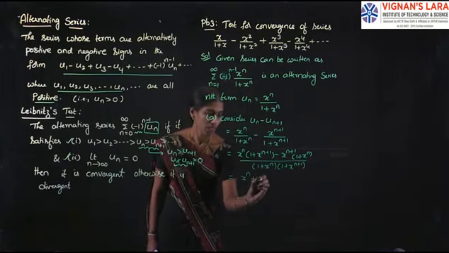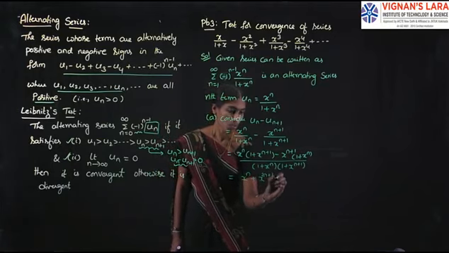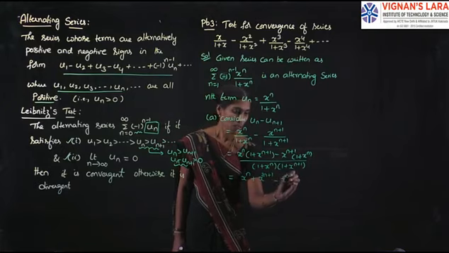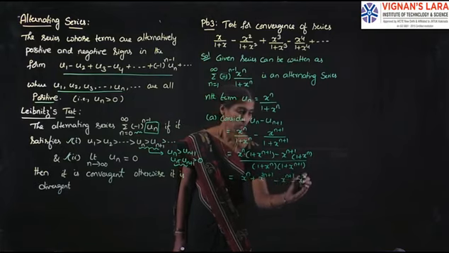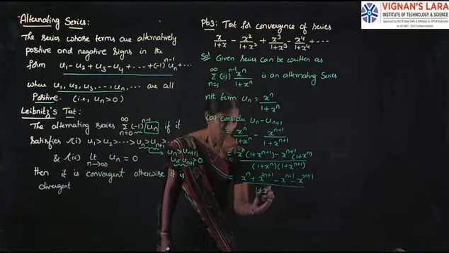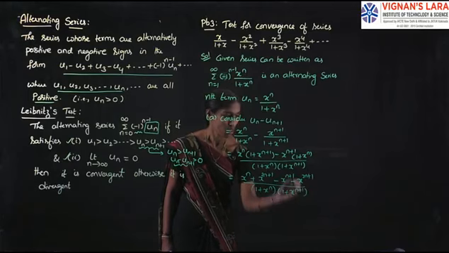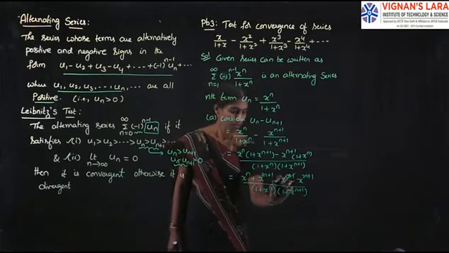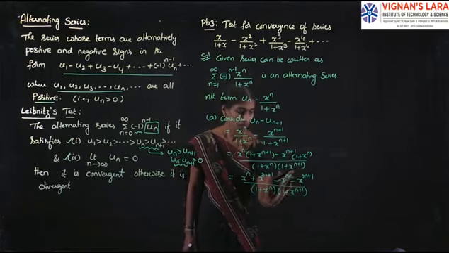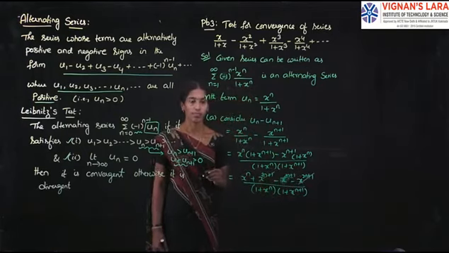Simplify the numerator. x power 2n plus 1 minus x power n plus 1, x power 2n plus 1 cancel.